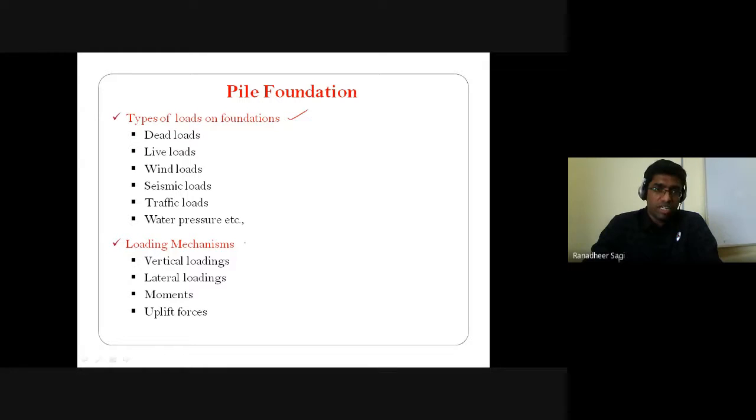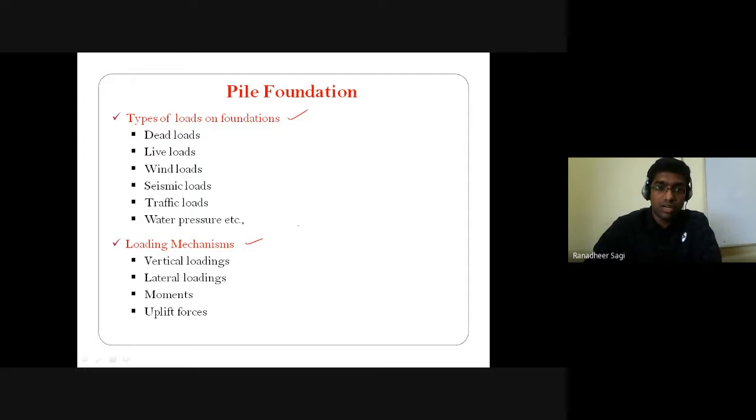Coming to the different types of loading mechanisms, ultimately what type of load gets transferred onto your pile foundation? It will be what is called vertical loading. Vertical loading in the sense that it's not always only the vertical compression load, that means the downward force acting on the pile foundation. You'll also see some cases where uplift forces would be acting on that particular pile. Such loading we call uplift forces, or tensile forces acting on your pile.